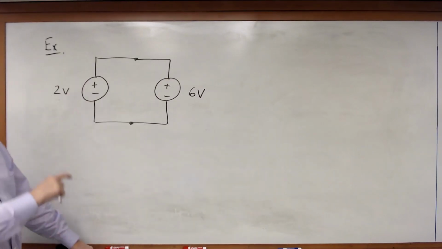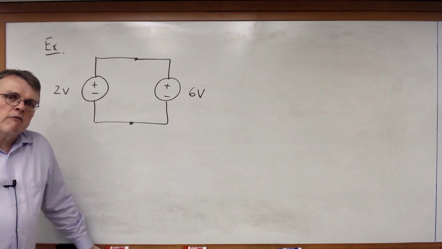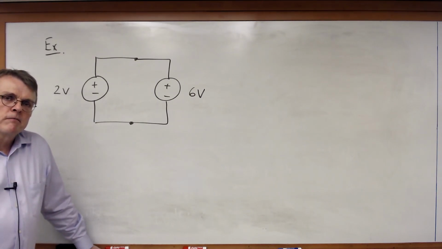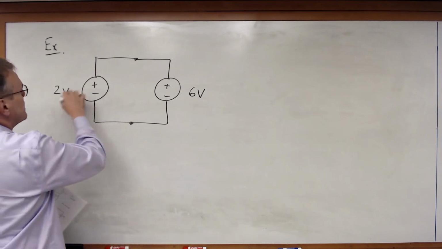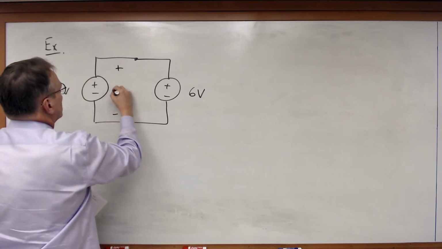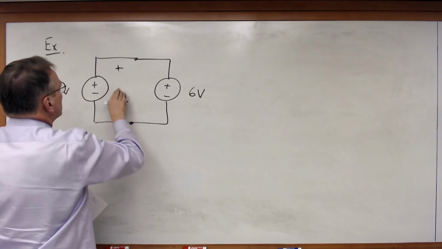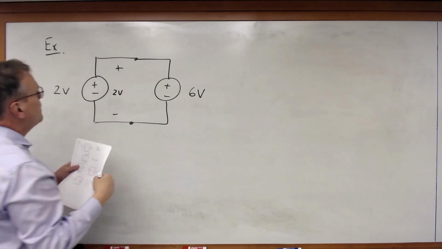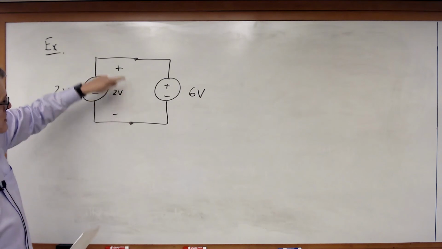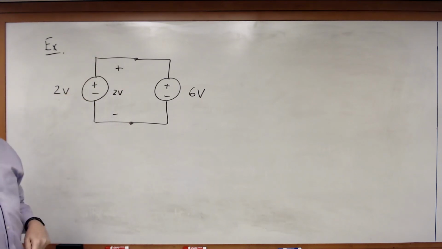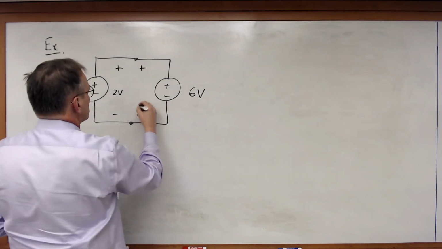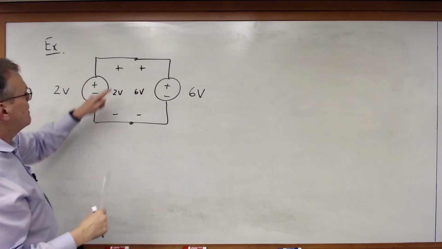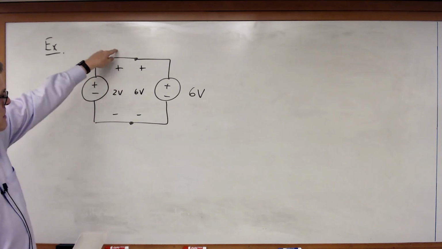Now the question is, is that a physically realizable circuit? Well, let's consider. What is this telling me? This says I've got 2 volts between these 2 points in the circuit as defined by that voltage source. This says I've got 6 volts, positive to negative, defined between these 2 points.